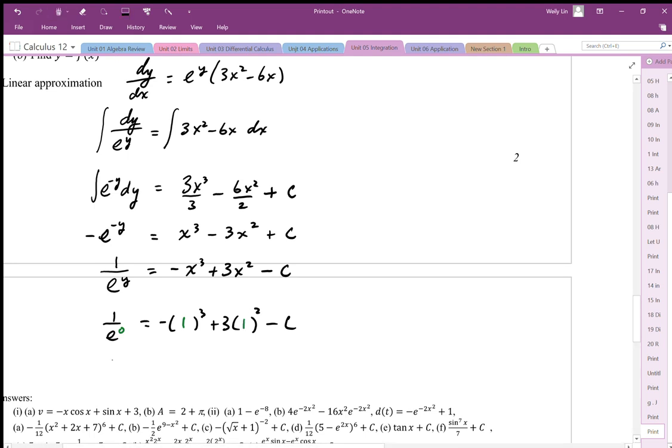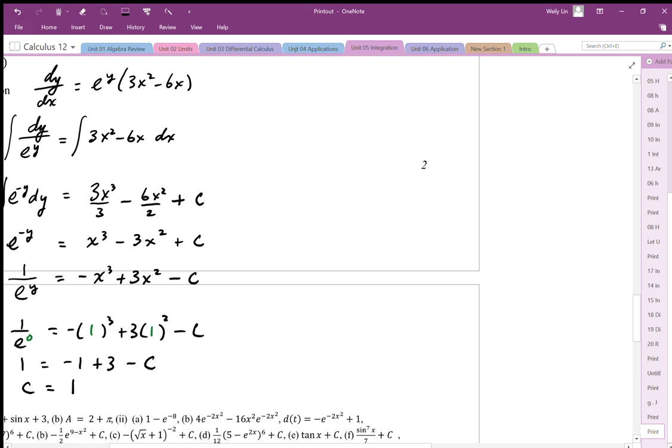So this becomes 1 is equal to negative 1 plus 3 minus c. So I'm going to say that c is equal to, I subtract 1 from both sides, I end up with c is equal to 1.